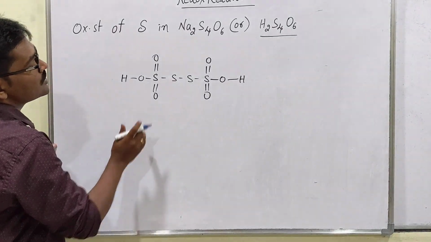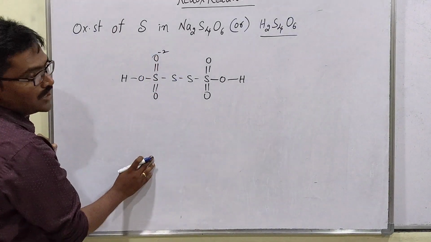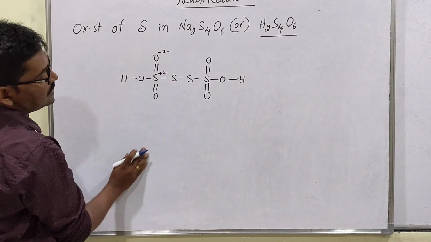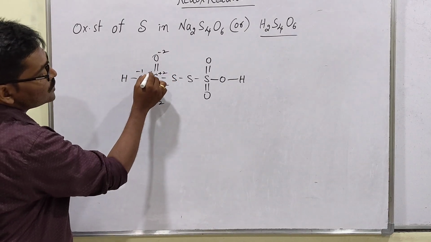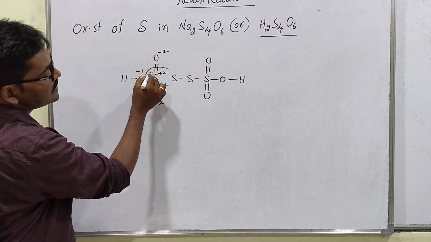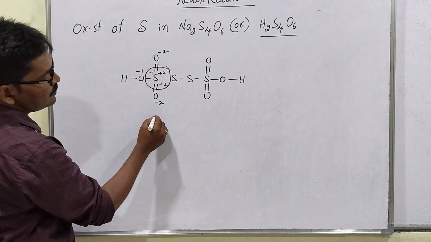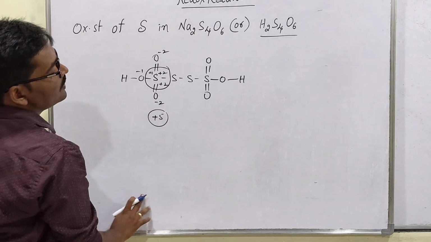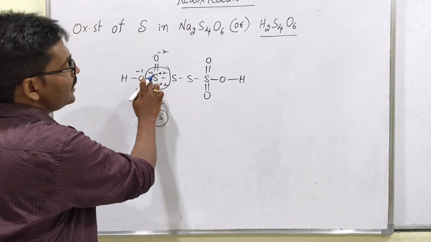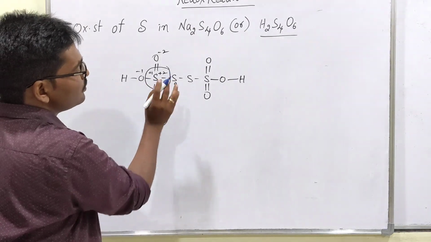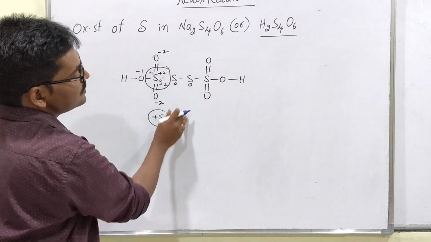So look, my dear students, now. Then -2 oxidation state here, then +2, then -2, then +2, then -1, +1. Surrounded by this is +5 oxidation state. Then sulfur-sulfur, in between bond is there. Electronegativity difference is 0 for this bond, and even here 0.